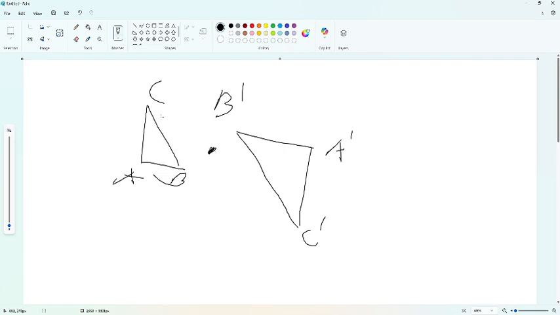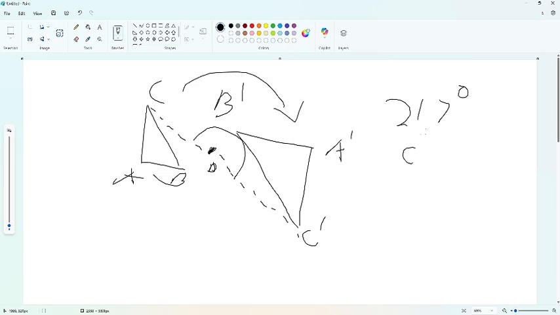So I'll make this line to the center, which I'll call D, and this line to point C. Now, this is not the best drawing, but you can see that it's more than 180. So let's say it's about 217 degrees of rotation.